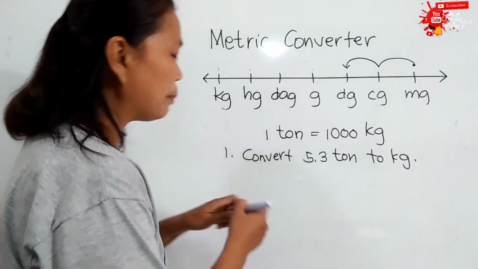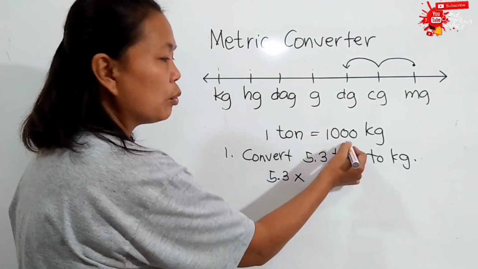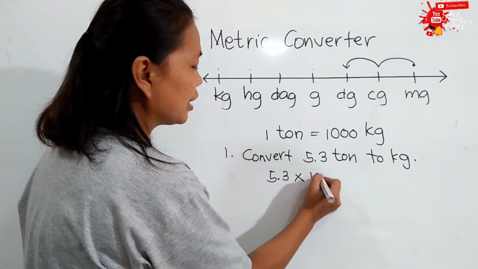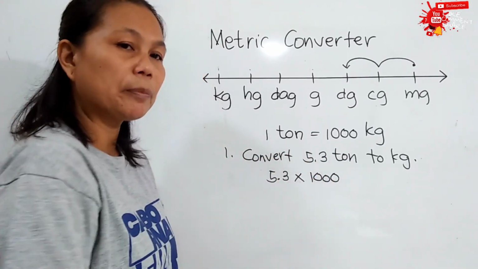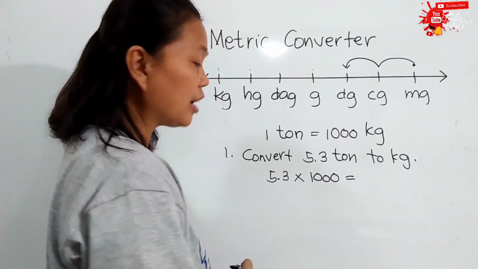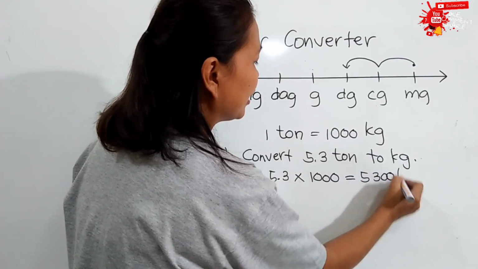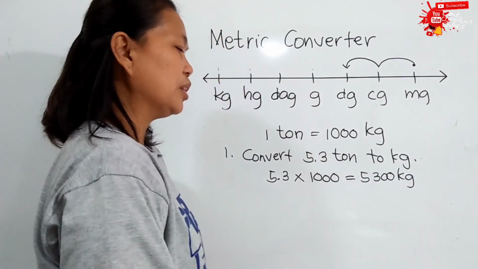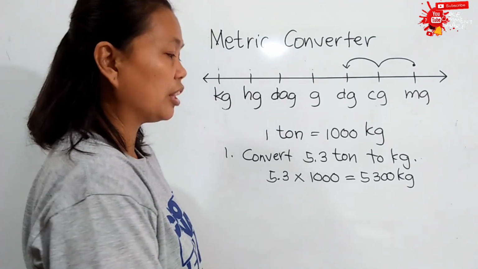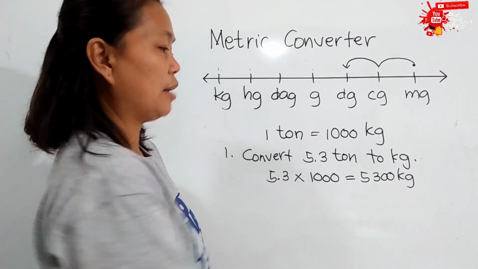So we will multiply 5.3 by 1,000 because 1 ton is equal to 1,000 kilograms. What is the product? We have 5,300 kilograms. So 5.3 tons, or 5.3 metric tons, is equal to 5,300 kilograms.